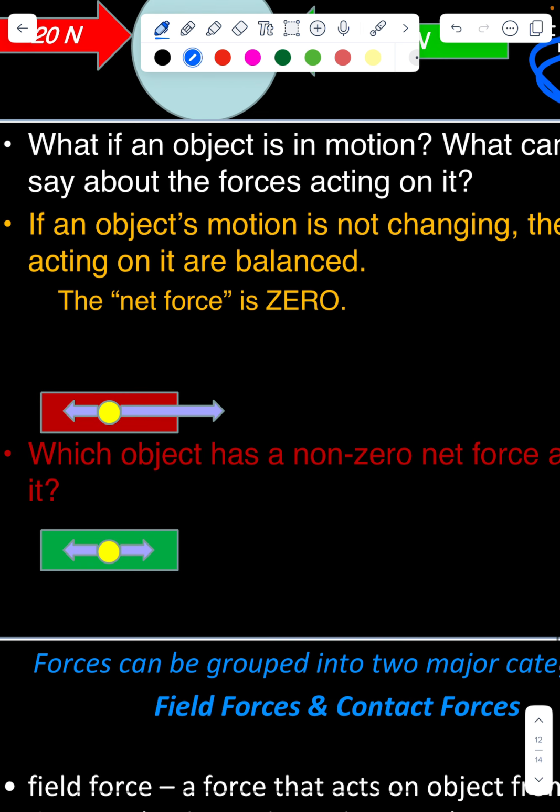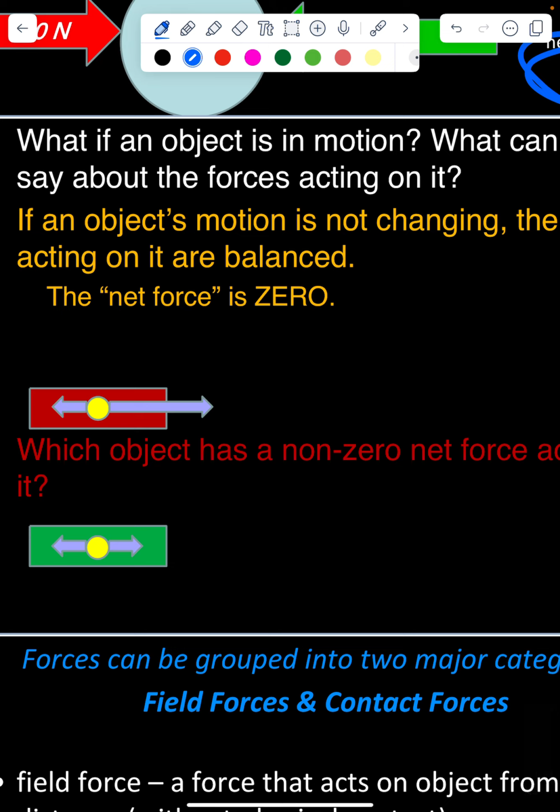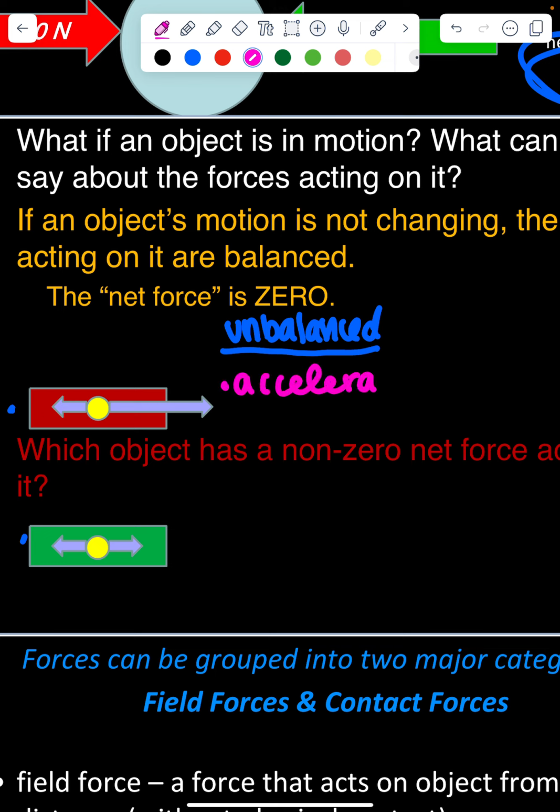Now if we look at these two objects, these two free body diagrams right here, the red, you can tell those arrows are not equal. They're opposite in directions, but they are not equal. So that tells us these are unbalanced forces. So we know that we have some type of acceleration going on.